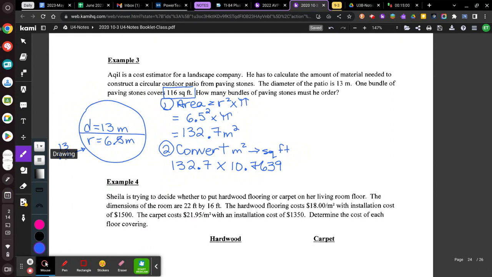Okay, so 10.7639. That's going to give us an area of 1428.4 squared feet. Our third step is to divide.